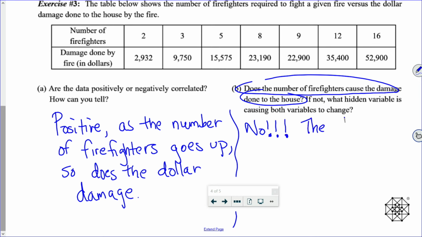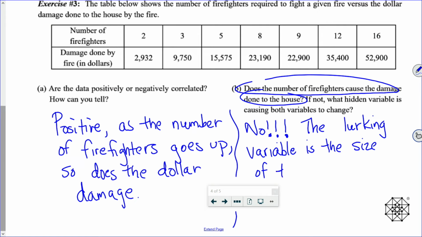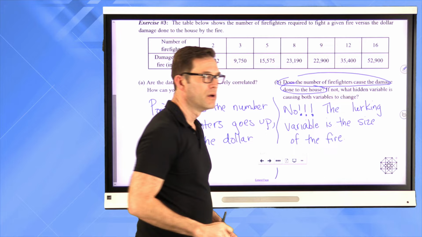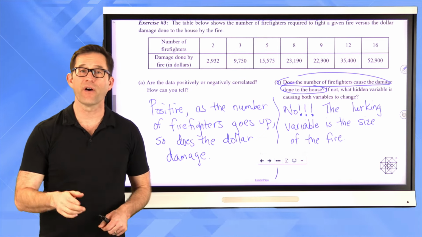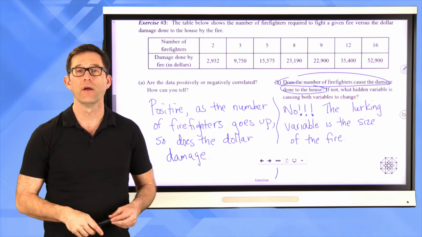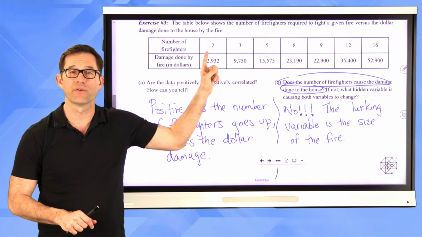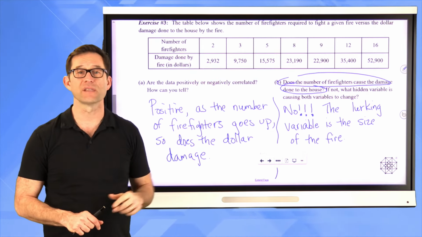The lurking variable: size of the fire. So a larger fire both does more damage and requires more firefighters to fight it. A smaller fire requires fewer firefighters to fight it and causes less damage.